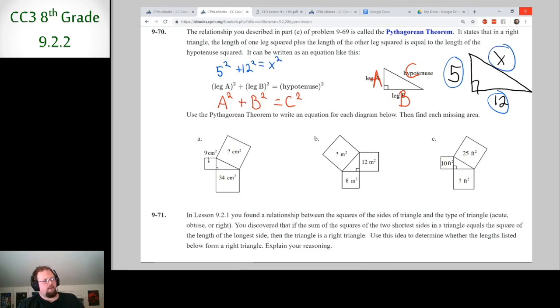Okay, 5 squared is 25, 12 squared is 144 equals to x squared, and I get 169 is equal to x squared. And the trick to solving a squared problem is to use the square root. Okay, the square roots go away and I get that x is equal to 13.